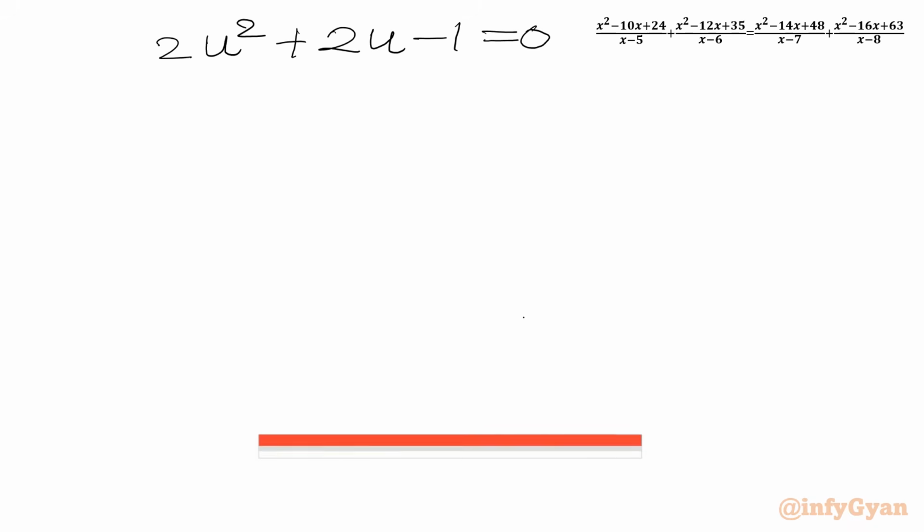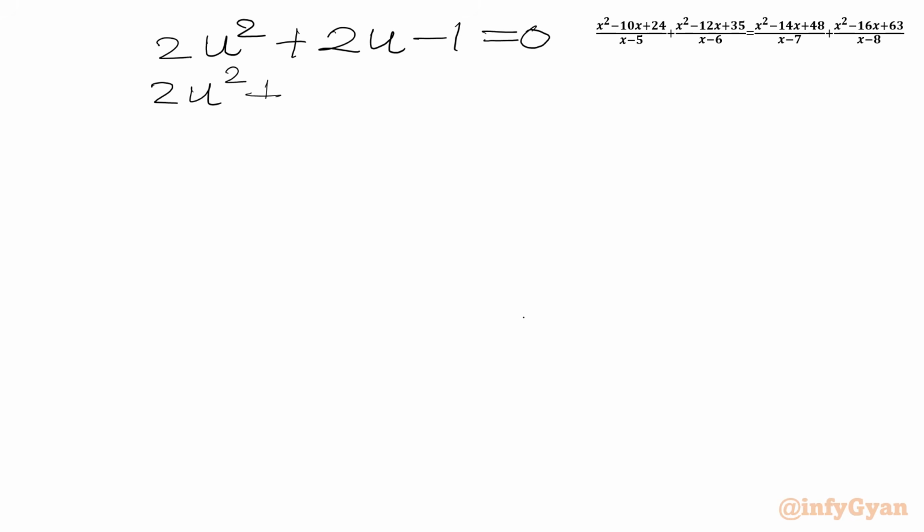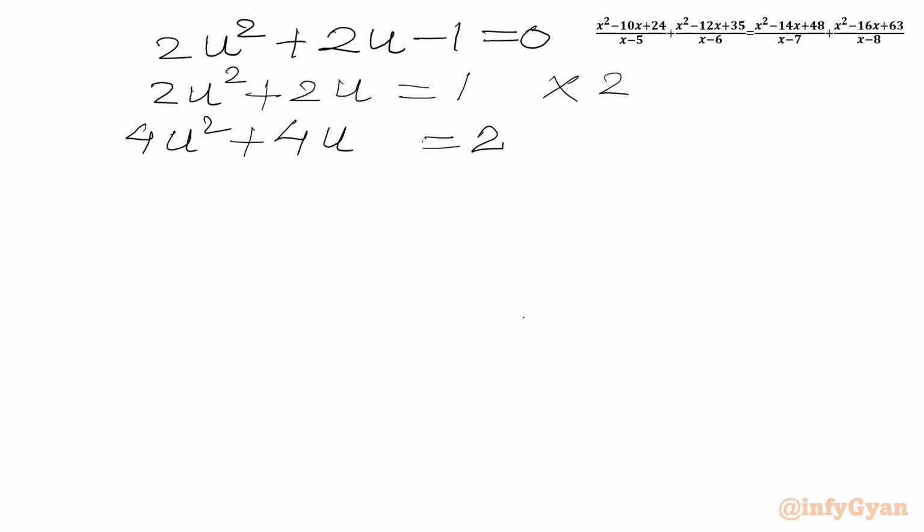Now we will use the completing the square method. So we can write 2u² + 2u on the LHS and 1 on the RHS. Minus 1 will be plus 1 on the right hand side. Now we will multiply our equation by 2. So I will get 4u² + 4u equal to 1 times 2, which is 2.